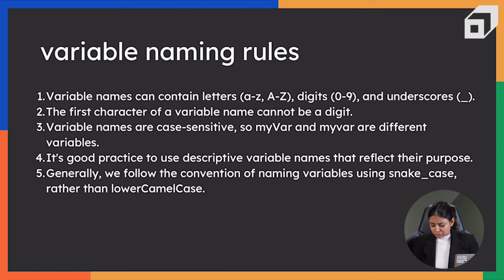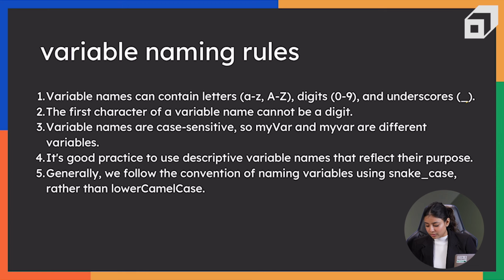The name that you give to your variable cannot be random. There are some rules defined in every programming language that tell you what all things you need to take care of when you're creating a variable. These are the guidelines that you need to follow. The first one is that variable names can contain only letters A to Z in small case or uppercase, digits and underscores.